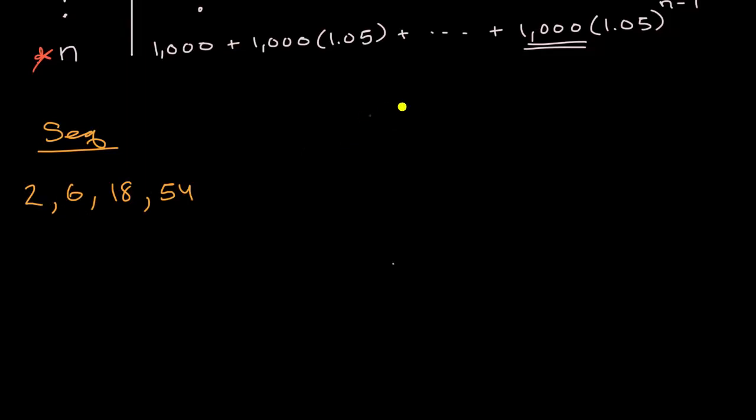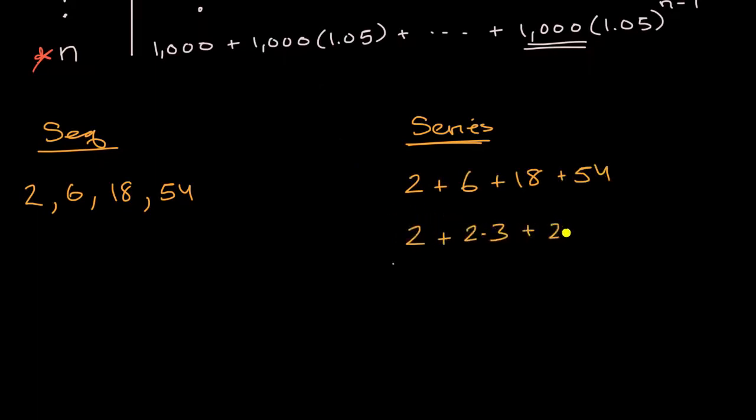Now, the geometric series analogous to this is that we would sum the terms here. So this would be 2 plus 6 plus 18 plus 54. Or we could even write it, similar to what we did with our savings example, as 2 plus 2 times 3 plus 2 times 3 squared plus 2 times 3 to the third power. With a geometric series, you have a sum where each successive term, if you put them all in order, is equal to the term before it times a fixed amount.